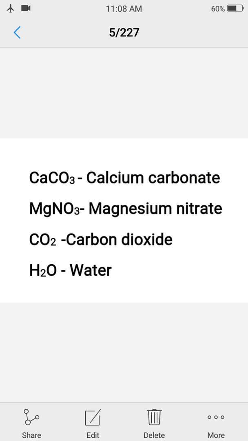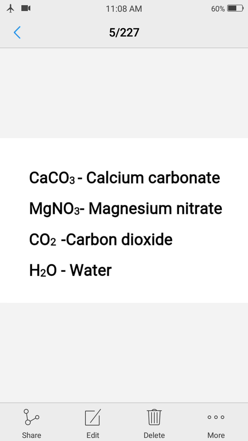Nitrate, as we have studied in 7th standard also, means NO3. If it is combined with magnesium, then it will be magnesium nitrate. If this NO3 is combined with or joined with calcium, then it will be calcium nitrate. So NO3 is always nitrate, CO3 always carbonate. These are the compounds. Some examples of compounds I have shown here to you.